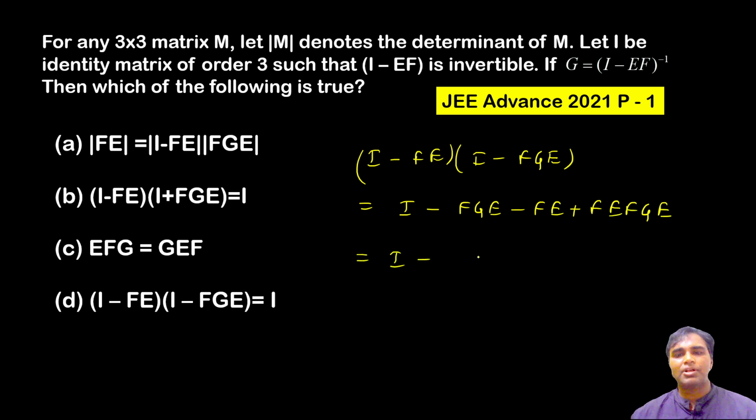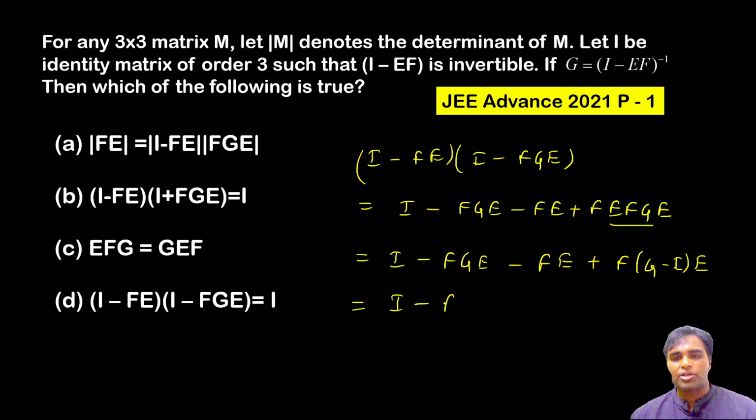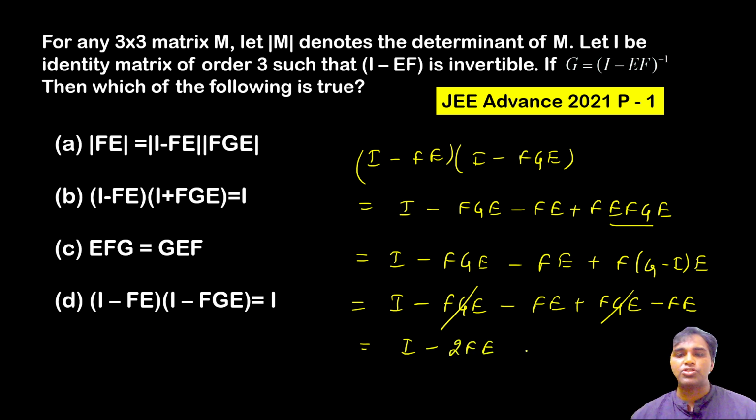Now again I minus FGE minus FE plus FEFGE, now in place of EFG I will put G minus I using my first equation. So now let's see whether it is coming or not. FGE minus FE and plus FGE and minus I multiplied with this, same matrix FE. FGE cancels with FGE, but FE is not cancelling here. So FE is twice. So I minus 2FE. So this is not equal to I. So my this option is wrong. This is not correct. So till now B and C.